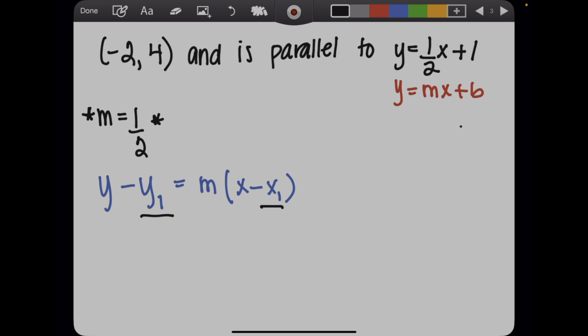And we have those points that come from the new line. So since we have that information given, we must substitute those into our equation.